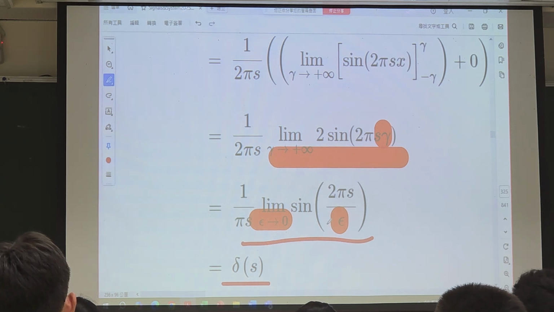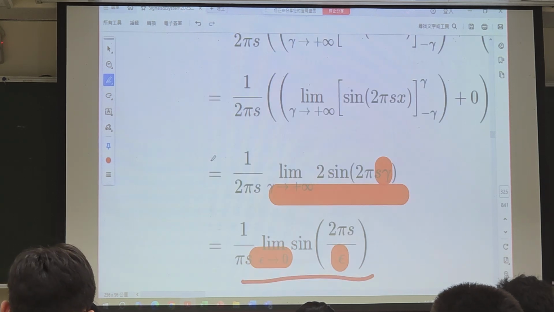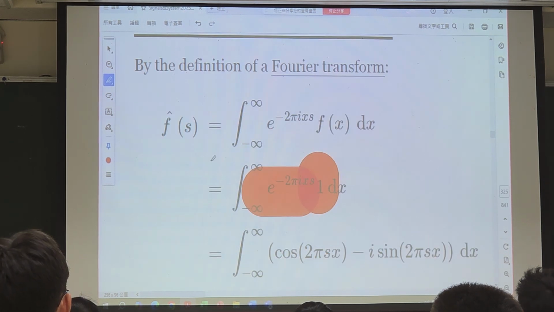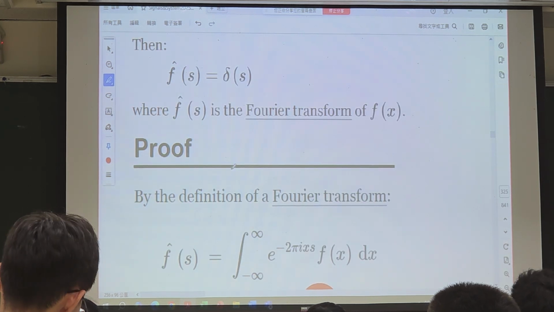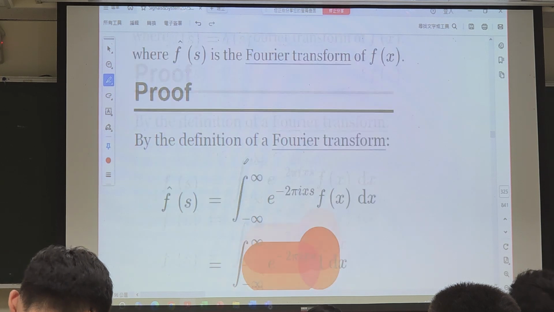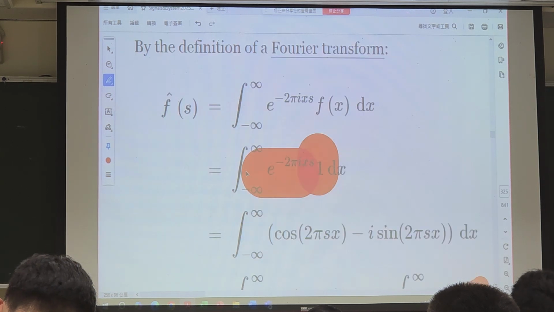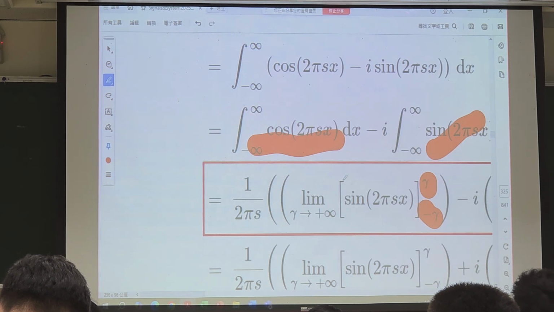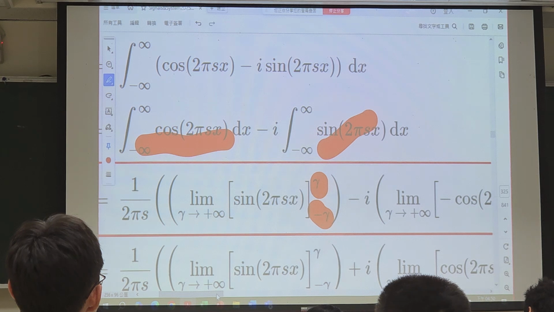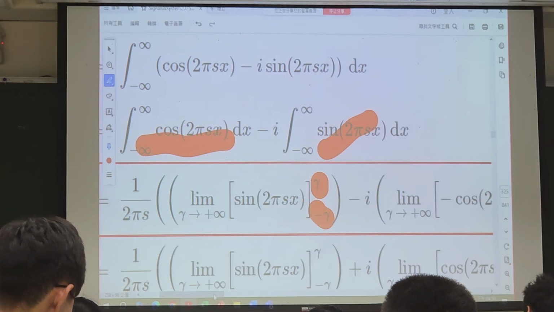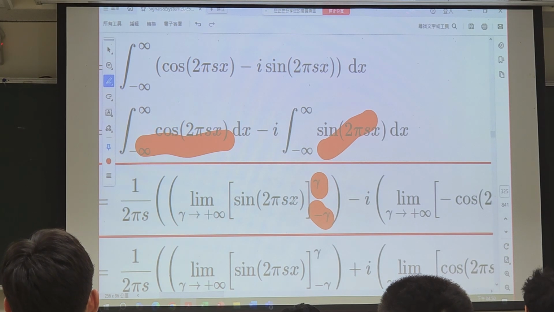So this method to prove the transform of the constant function 1 is a little tricky, but I think it is much easier to understand. We take the limiting process and use a very clever method to assume the upper limit and the lower limit are symmetric.